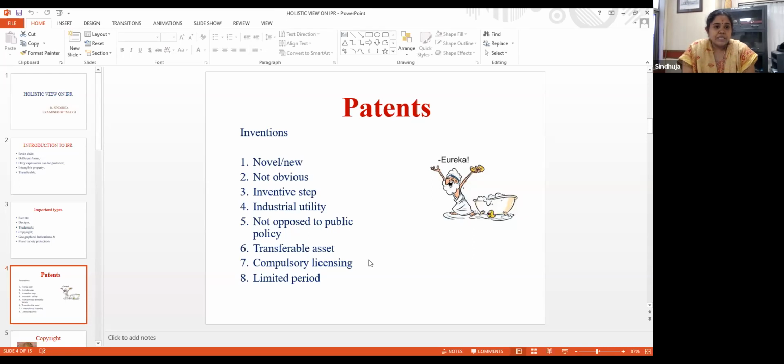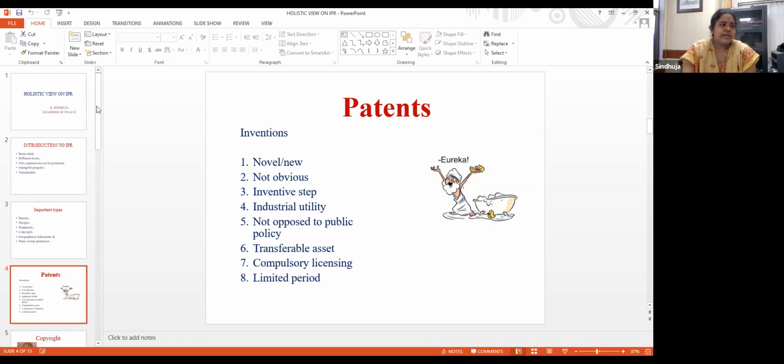So those cases are compulsory licensing, and also in some cases where it is threatening to the public at large, there also the government would make him compulsorily surrender it to the government, for inventions related to the atom bomb. Those things cannot be held by a private person. So there are some limitations in owning a patent also. And then limited period. Usually when a patent is granted, it is given for a period of 20 years, after which it enters the public domain.